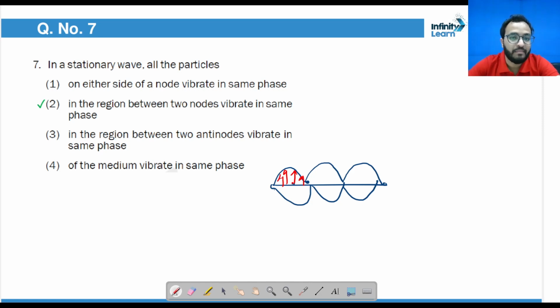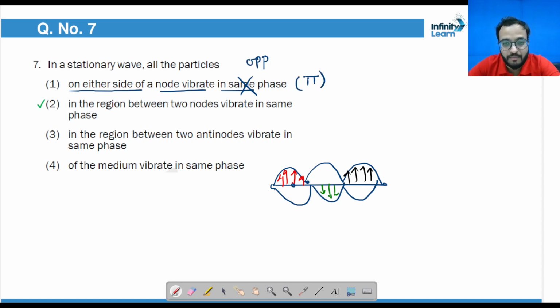But the particles here are together going down and all of them are in the same phase, and the particles here are again going up and all of them are in the same phase. So whenever you pick particles on either side of a node, they vibrate not in the same phase but in opposite phase, with a phase difference of pi.